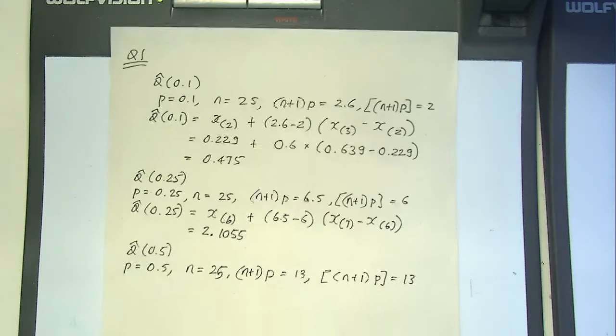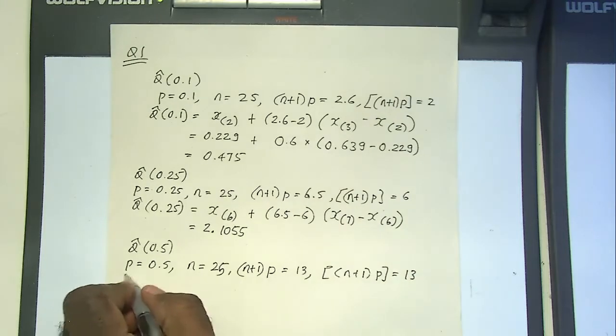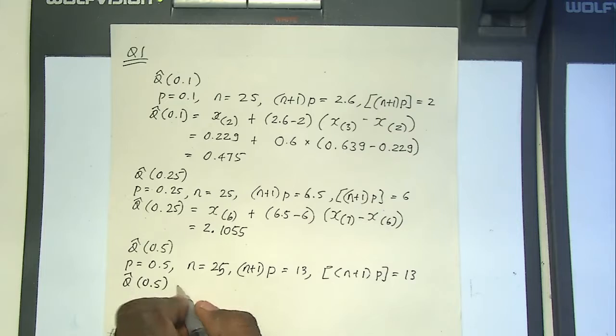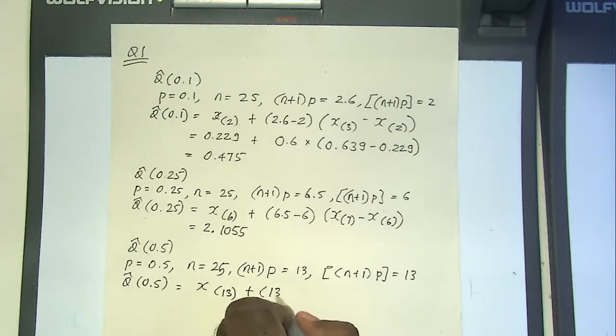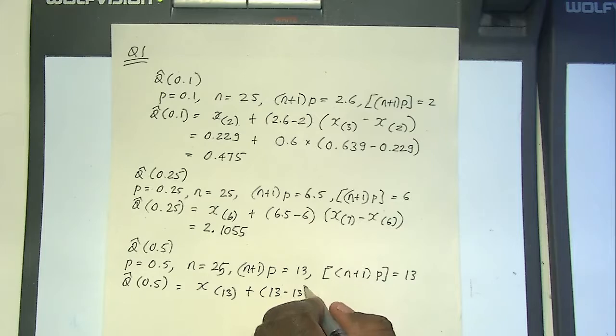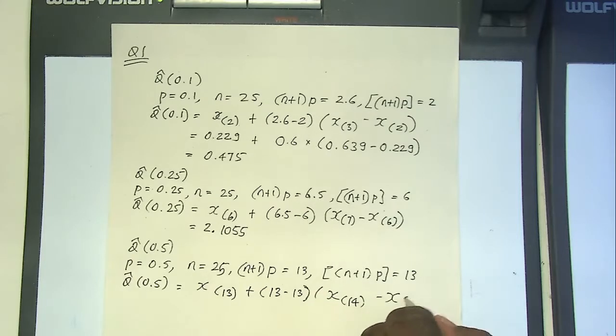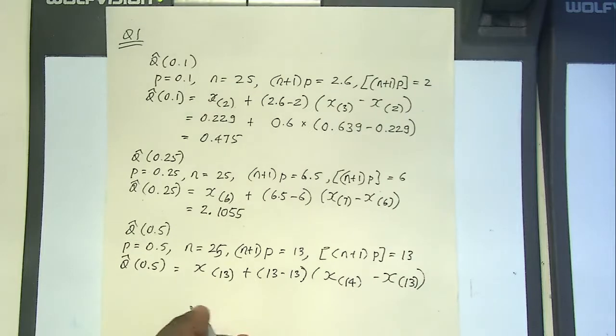So Q hat is X at 13 plus 13 minus 13. If you work this out, you will get the answer 2.8957. That will be the median. And similarly, you can work out your other Q hats.